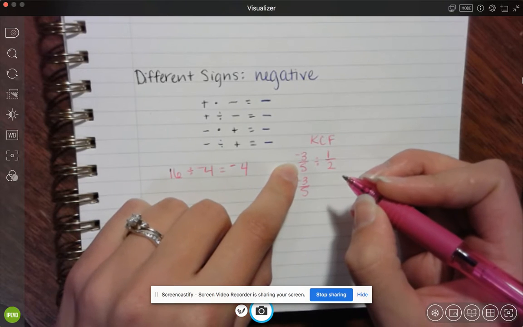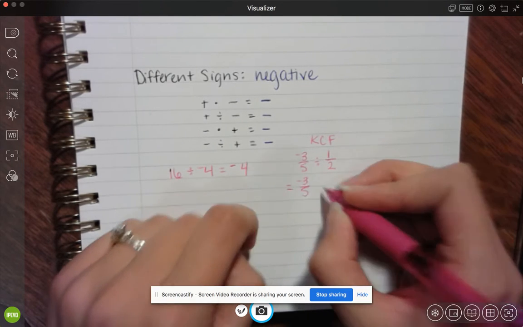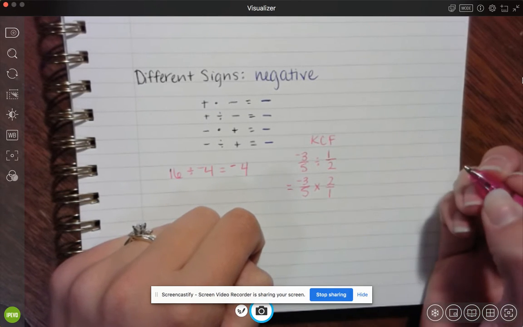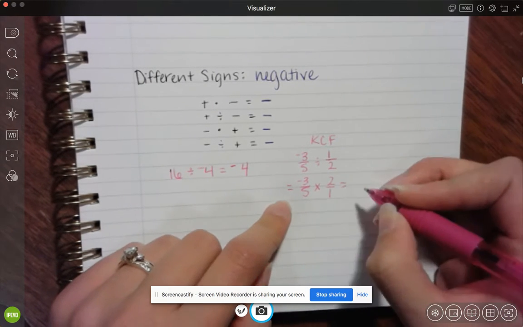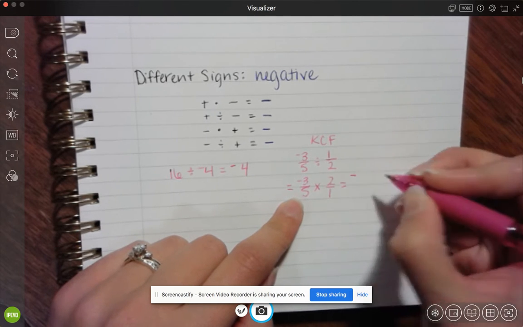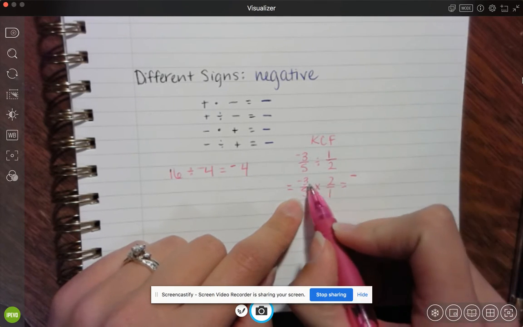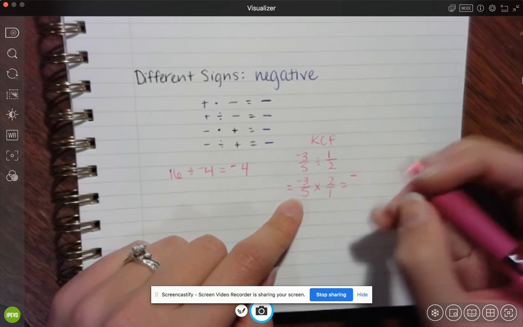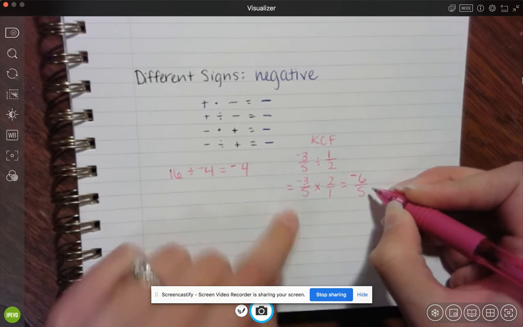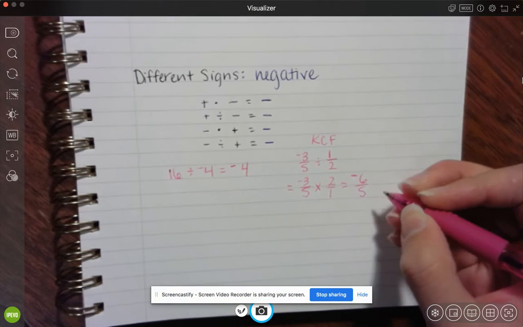I keep my first fraction, change my division to multiplication, and flip my second fraction. So I have 2 over 1. All right, so like we said, we have different signs. So our answer will be negative, and then multiply across. 3 times 2 is 6, and 5 times 1 is 5. So my answer would be negative 6 over 5.